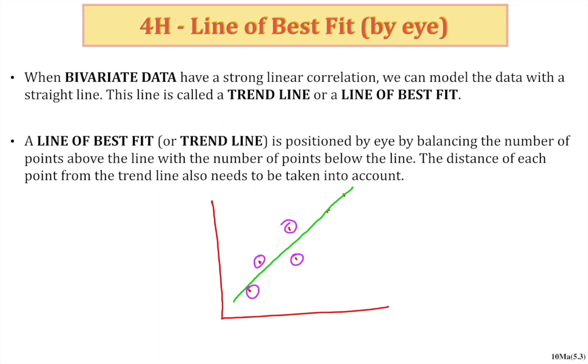And the distance between each of those points needs to be taken into account. Now, there is a precise way that you can do this, but we are doing this just by looking at it and getting a bit of a gut feel, which means your answer might be a little bit different to the person next to you. That's okay. That's fine. We're looking at it, and as long as it is within an acceptable range, we'll be fine with it.